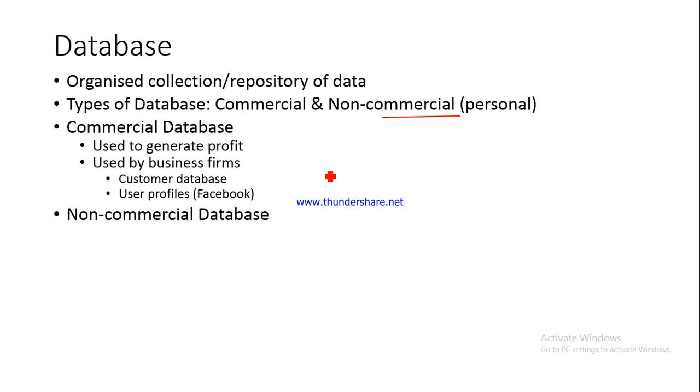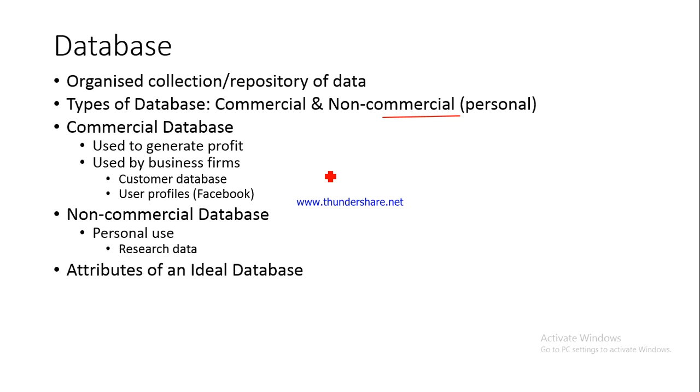For example, let's say this has been the topic of your research. Now you have collected this data not for any commercial purpose but for academic purpose. So this could be an example of a non-commercial database. So it is used for personal use. Many a times it is used by the researchers. So it is basically research data.